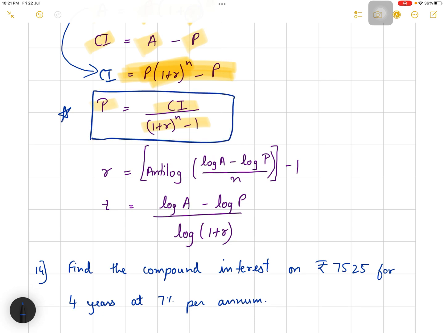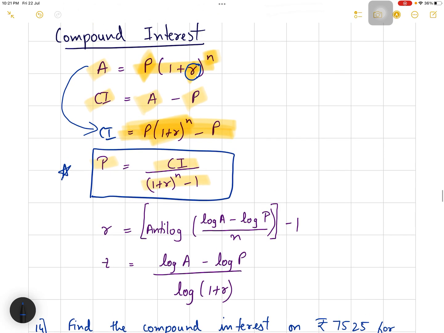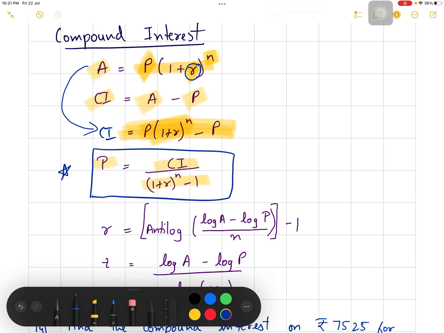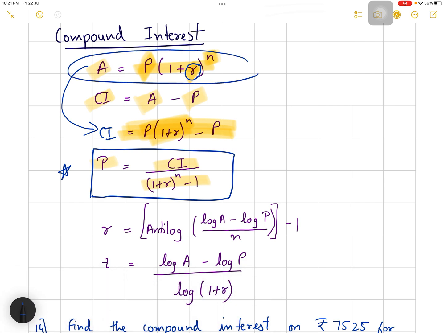This formula is used when compound interest is given and amount A is not given, and you are supposed to find principal. In that case, if amount is not given, then you won't be able to derive P using the earlier formula, because you don't have P as well as A.